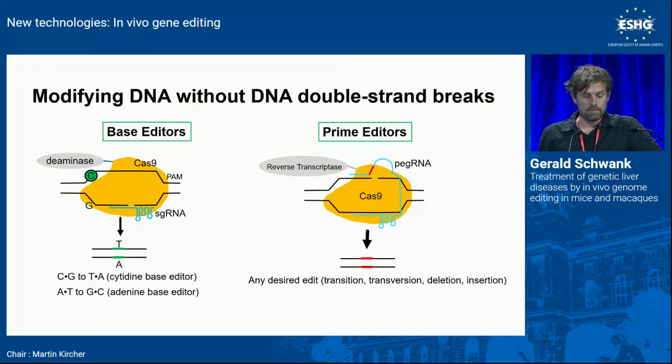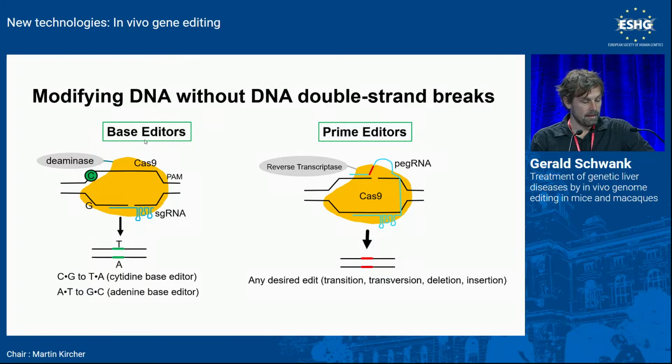Now, unfortunately, the CRISPR-Cas field is a very dynamic field, and in the last years, novel genome editors based on CRISPR-Cas have been developed that modify DNA without generating DNA double-strand breaks and without the requirement of homologous recombination.